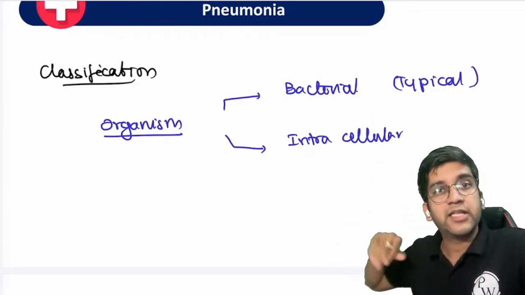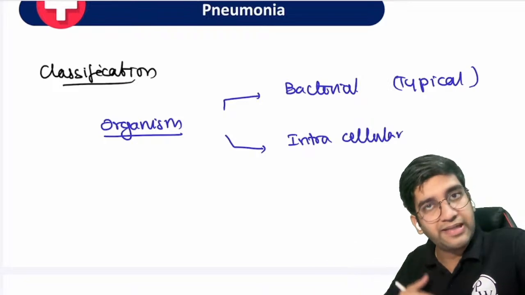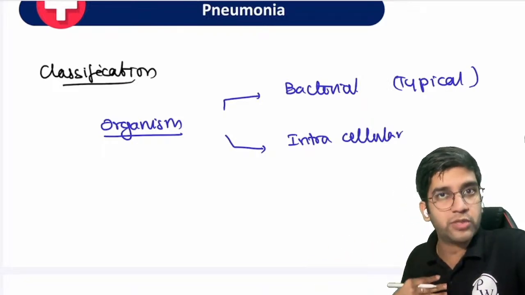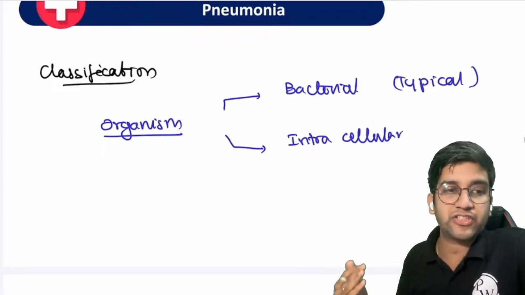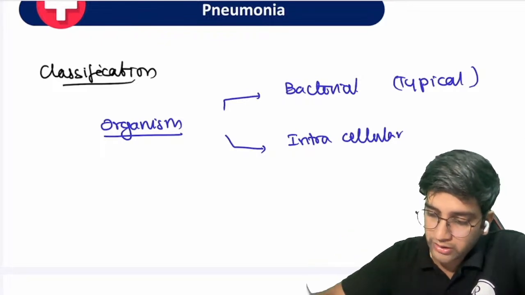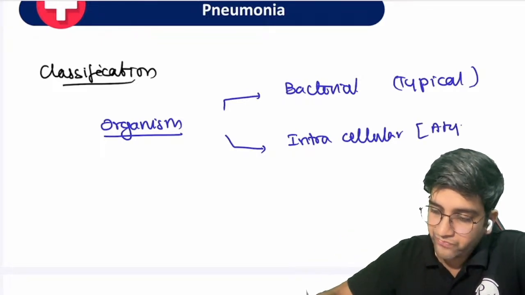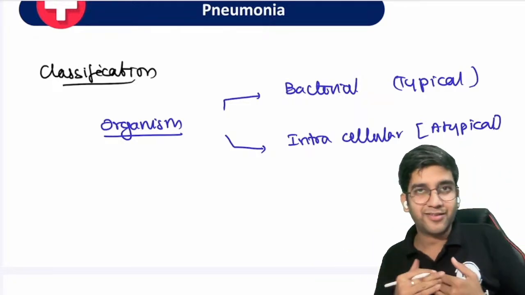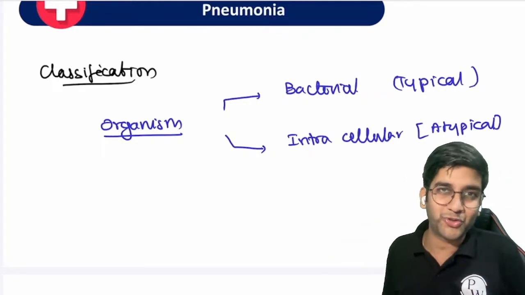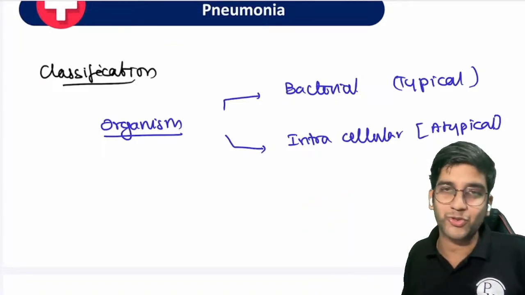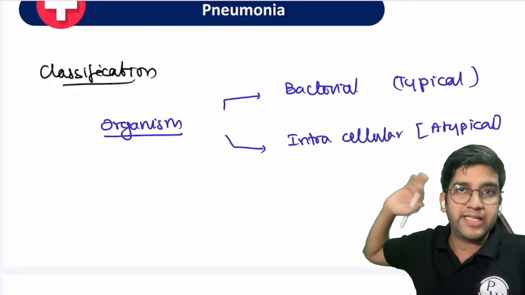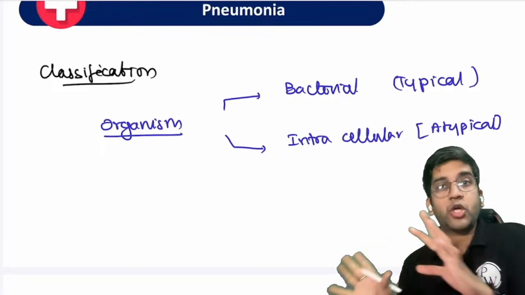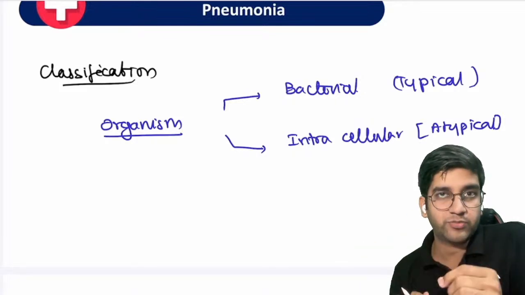Why I'm grouping them is that virus is intracellular, and these bacteria are intracellular. So my host, my immune system will act the same way against any intracellular pathogen. These I'm going to call atypical pneumonia. I'll leave TB aside. TB has a separate kingdom of its own, right? Obviously, we'll have tuberculous pneumonia also. So group them as bacterial, intracellular or atypical pneumonia. These are the broader categories as per the organisms, right?